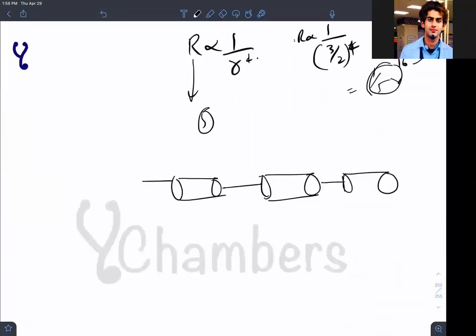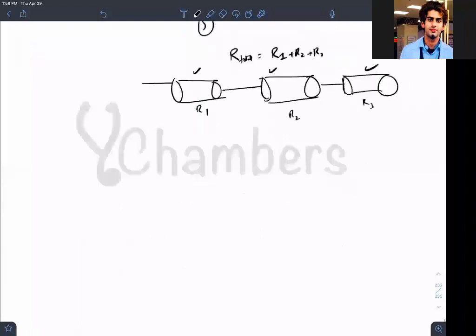Now, if the blood vessels are in series, the total resistance R total is equal to R1 plus R2 plus R3 and so on.